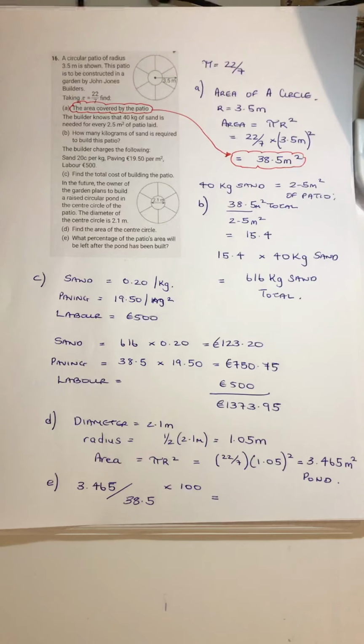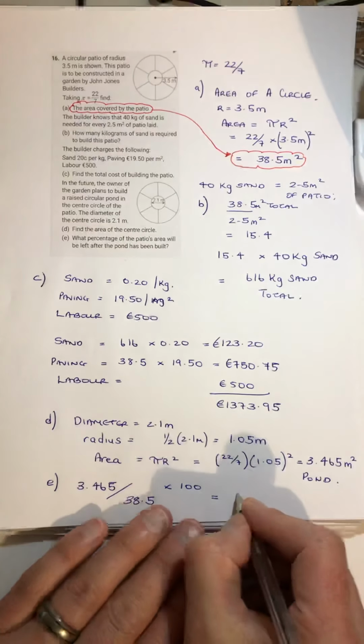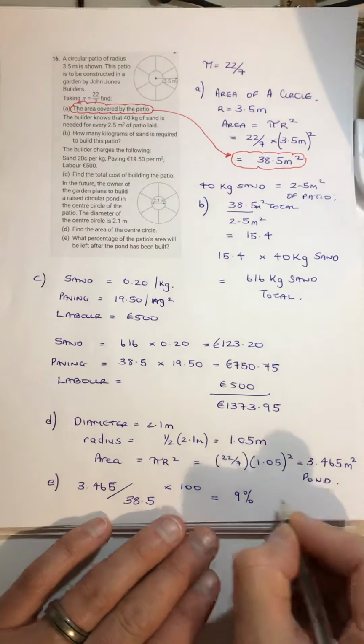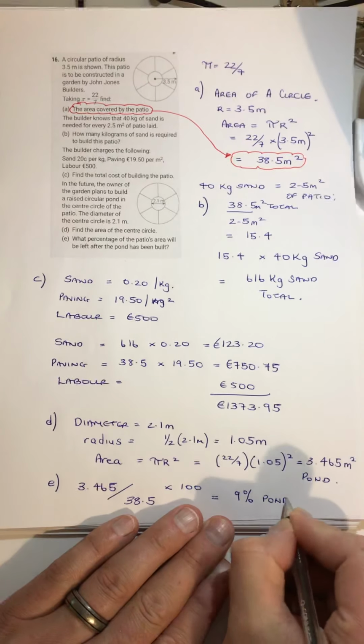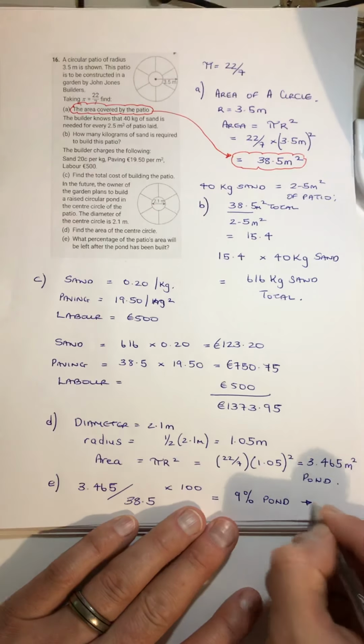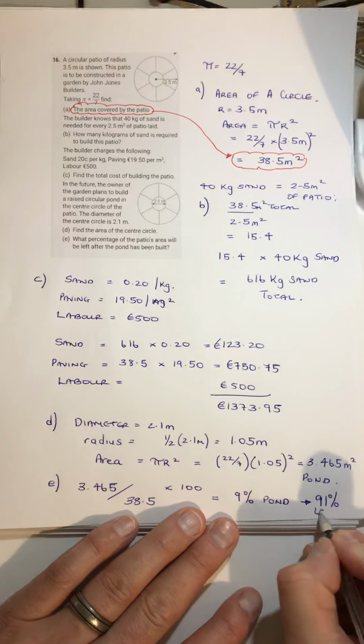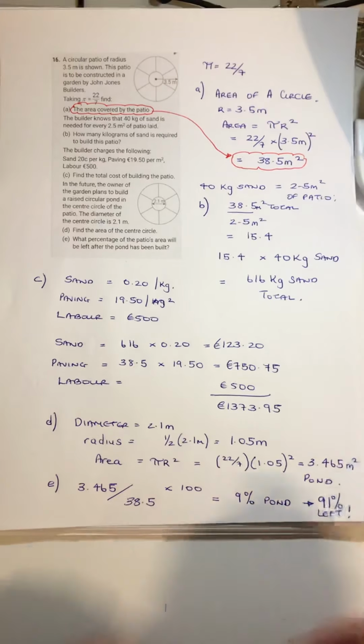So do that on your calculator. So 9% is the pond, which means that there will be 91% left when the pond is taken out.